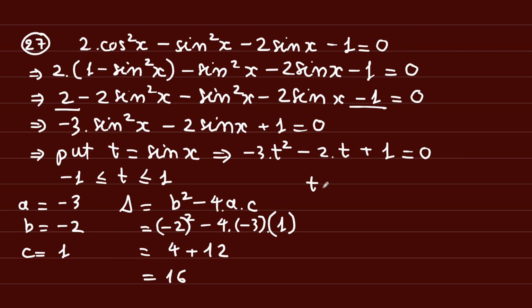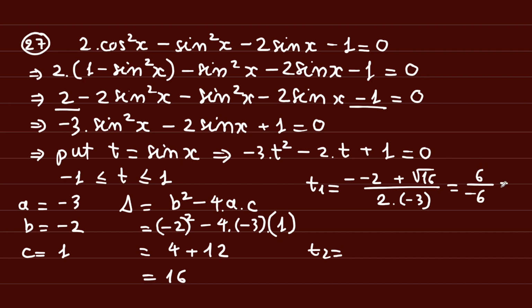And I think you know about the formula of t1 and t2, so let me write down the numbers immediately. Minus b, which is 2, plus square root of 16, divided by 2a. 2a is 2 times minus 3. Here is 2, here is 4, equal to 6.